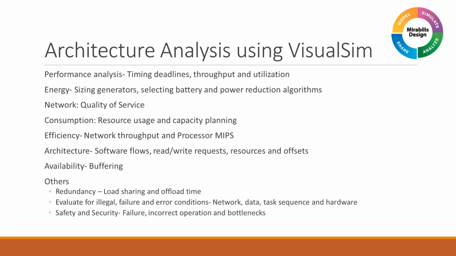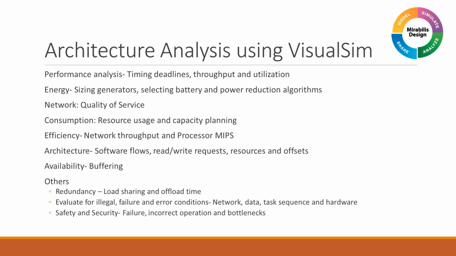Now, in terms of architecture analysis with VisualSim, these are examples of the types of analysis or reports that we provide within the environment itself. For example, we have timing deadline tools, batteries, and power algorithms. On the network itself, we can look at the effective bandwidth consumed, looking at quality of service, looking at the MIPS of the processor, and how much usage there is based on your hardware-software mapping.